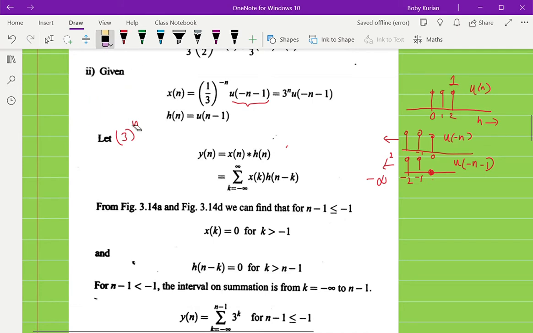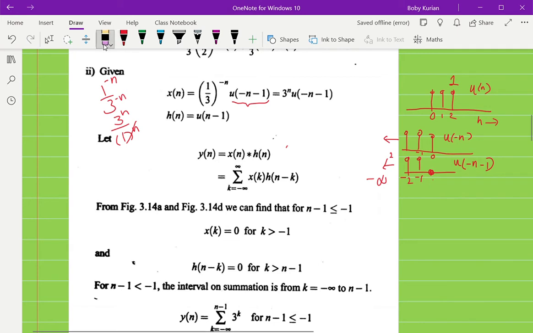Or in another way, it can be put as 1 raised to minus n into 3 raised to minus n. 1 raised to minus n is 1 by 1 raised to n, and 3 raised to minus n is 1 by 3 raised to n, that is 3 raised to n. 1 raised to n is nothing but 1, so that is equal to 3 raised to n.